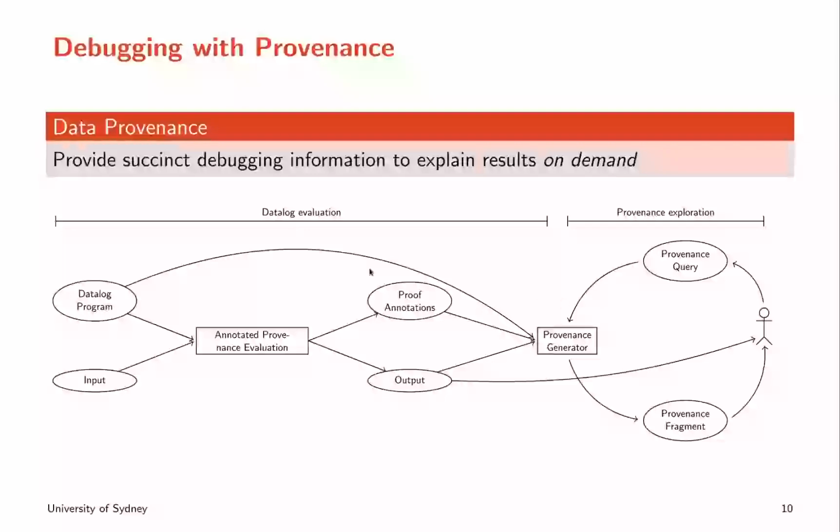The first stage is a Datalog evaluation, and we have an augmented Datalog evaluation that produces some provenance debugging information. And then after the evaluation is complete, we have an interactive provenance exploration phase. Here the user can query to explain whatever tuples they wish. Then the provenance generator uses these proof annotations along with the output to generate our provenance information.